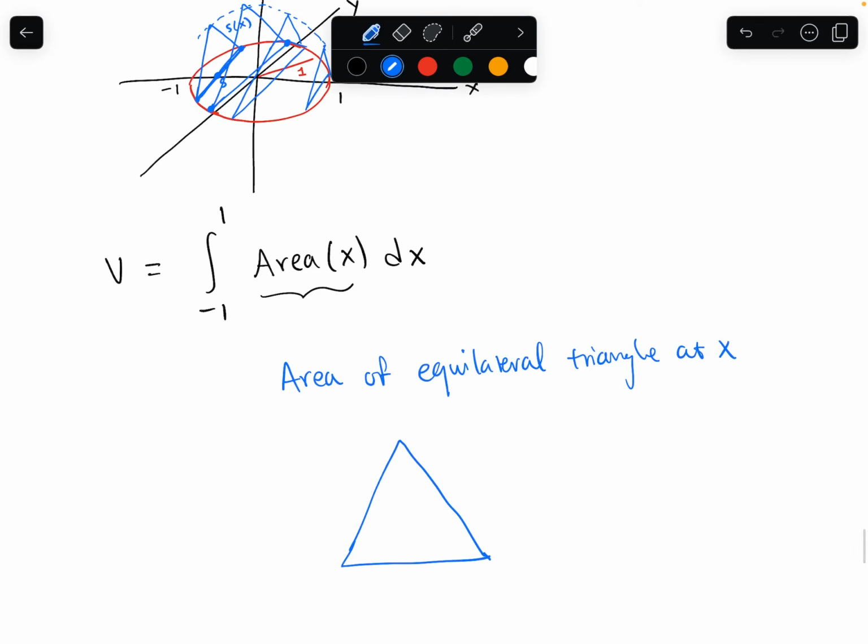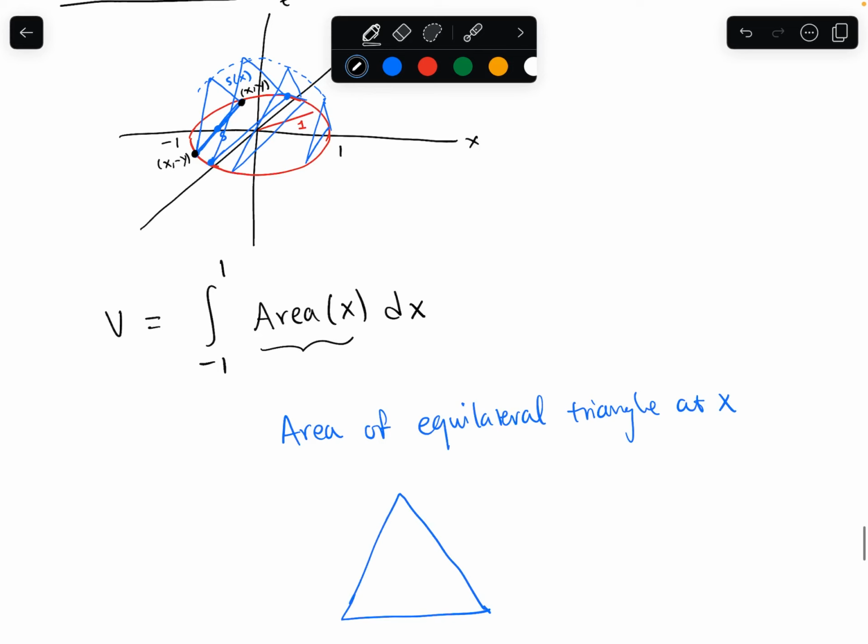One of its sides touches these 2 points here, x comma y and x comma negative y, because of symmetry.